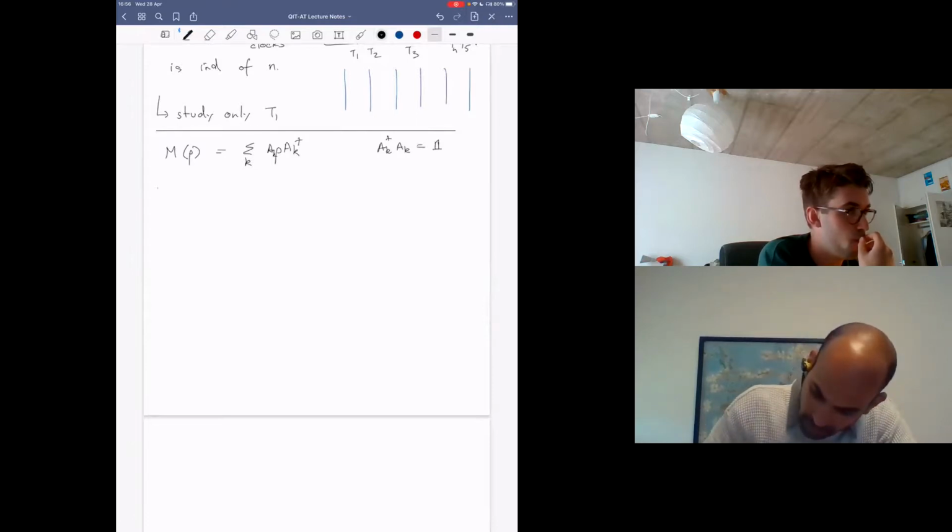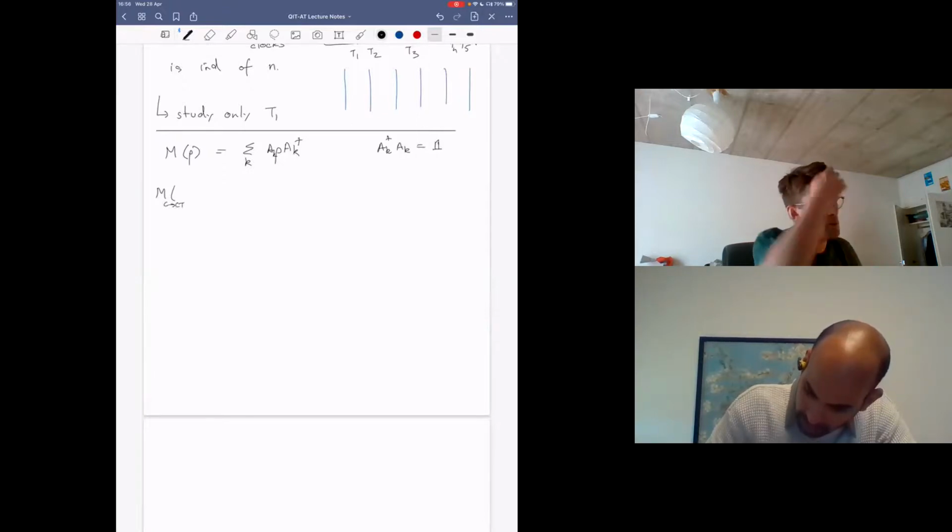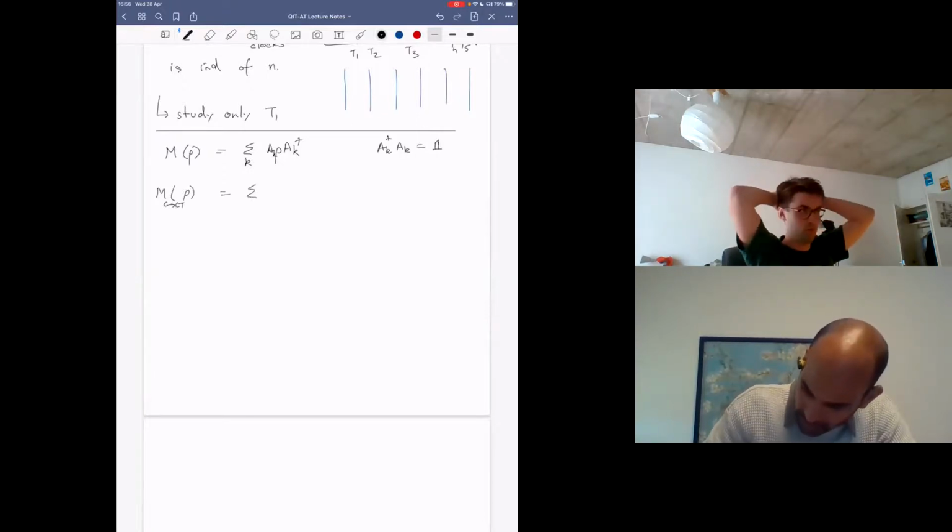Now, in the case of a map that I've described here, where you take C to CT on rho, it follows that I can write it in this form.